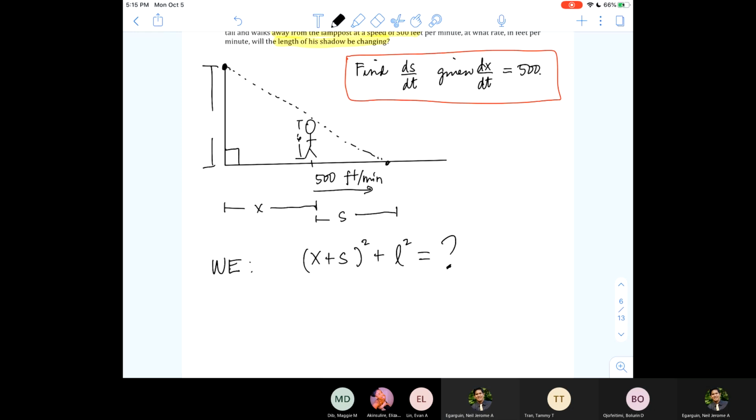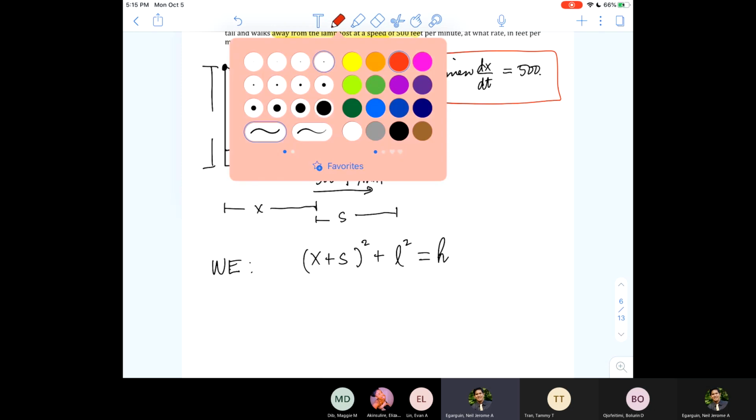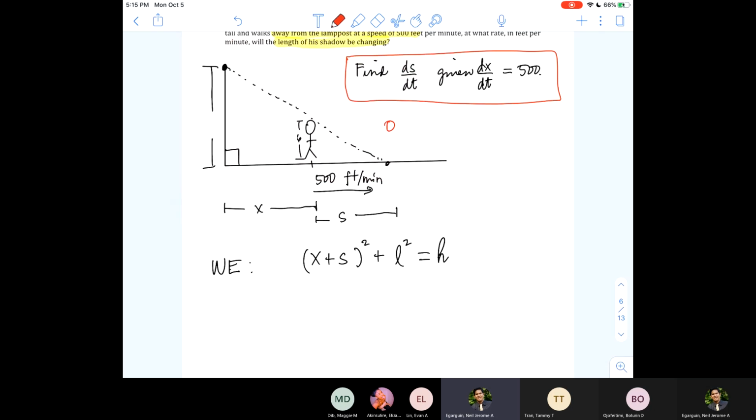And without knowing the length of the lamppost, there's no way that we can know the length of the hypotenuse, right? And chances are that the length of the hypotenuse, even if we will be able to find it, let's call it h, should vary with respect to time, right? Because unlike the ladder problem that we had before, as time passes by, the length of the hypotenuse changes, right? Because say in the next moment, the man could be here, his height doesn't change, but the length of the hypotenuse is clearly changing.